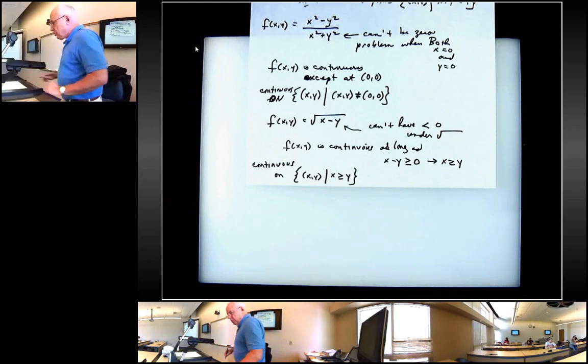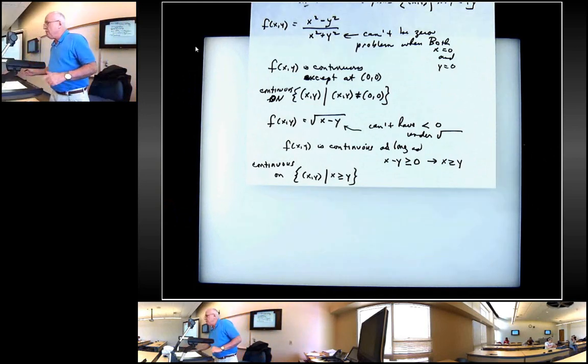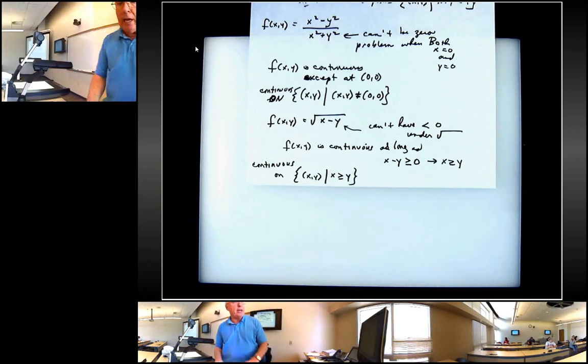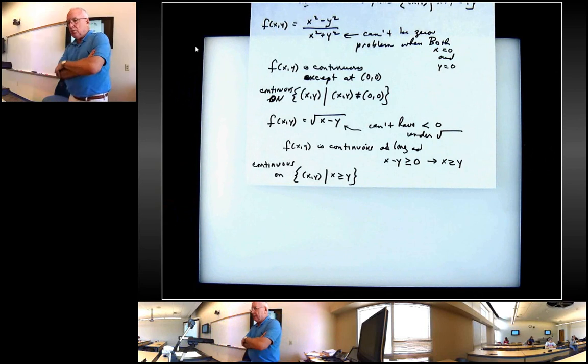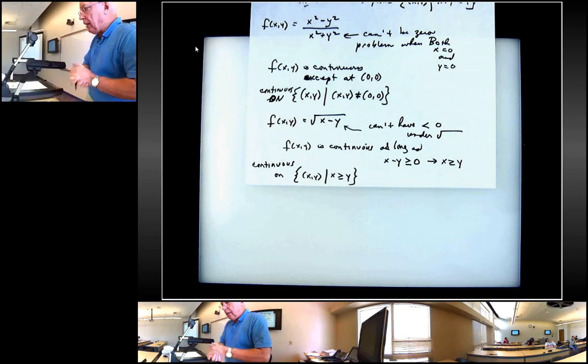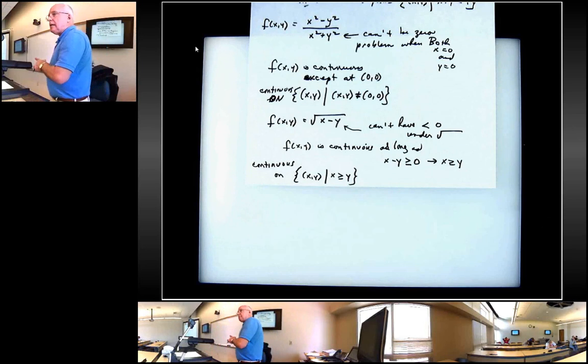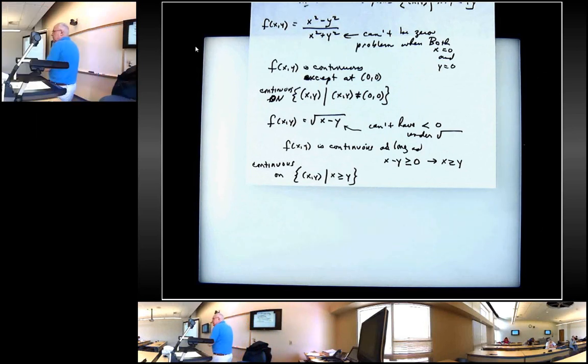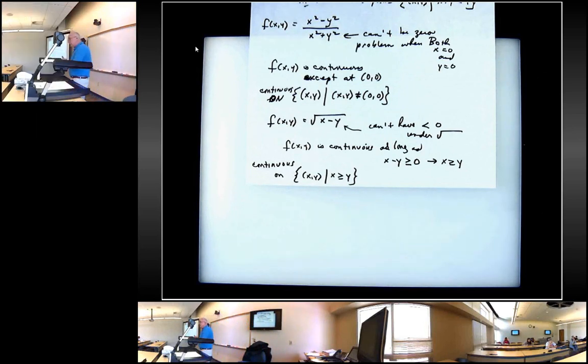So that shouldn't be too big of a problem figuring out where our functions are continuous. Now let's go back then to limits. A lot of times finding a limit is really easy, because if the function is continuous at that point, then basically all we have to do is plug in those point values into our function and we've got our limit.